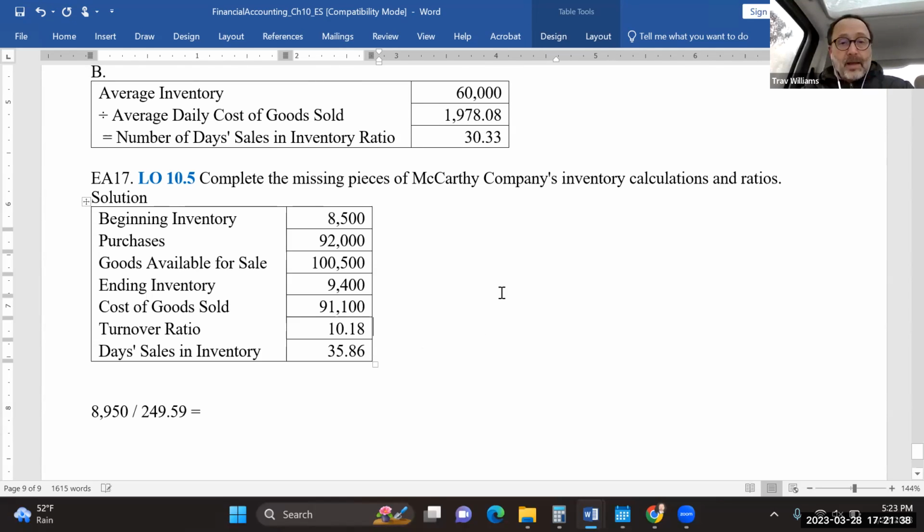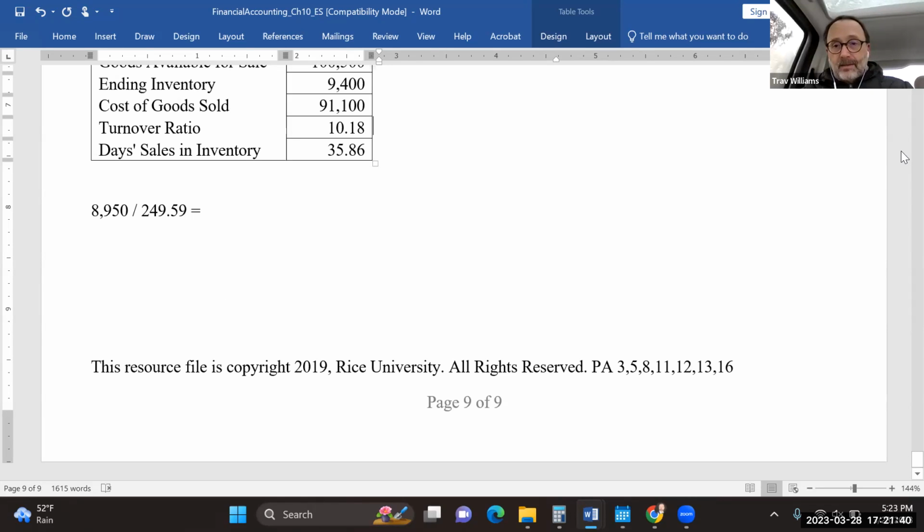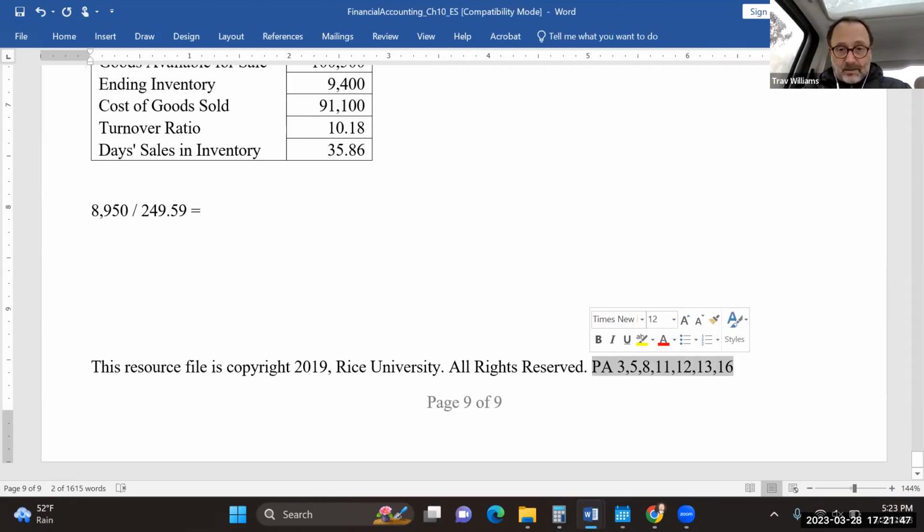So that finishes the exercise set, and we do have some problems to get through. Any questions here before we go on to the problem sets?